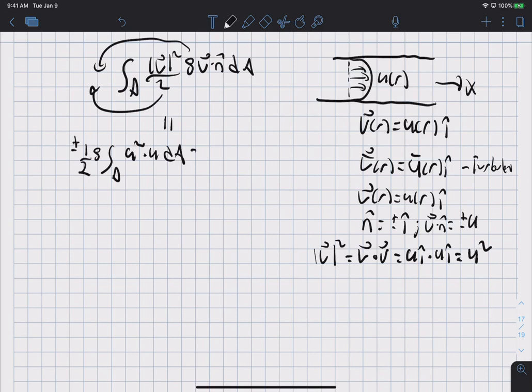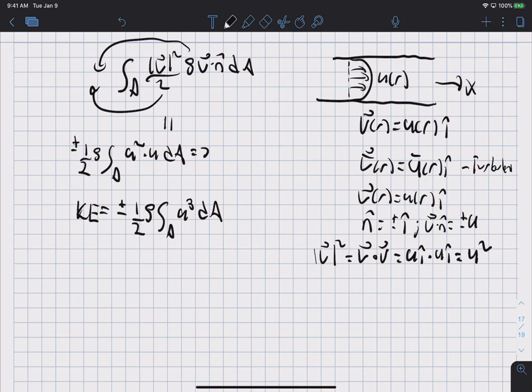So this implies that the kinetic energy flux at a section of the pipe is equal to plus minus 1/2 times the density times the integral over the area of u cubed dA.